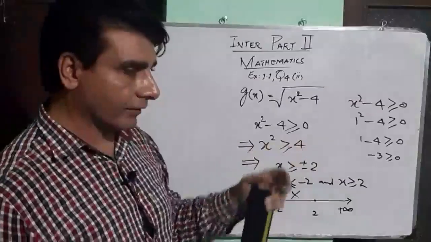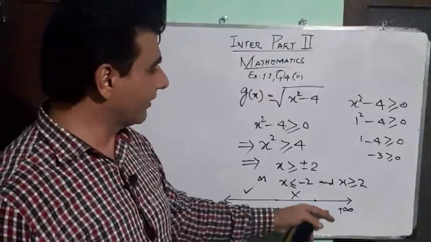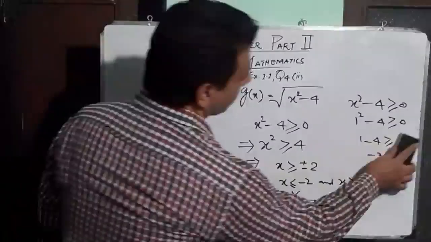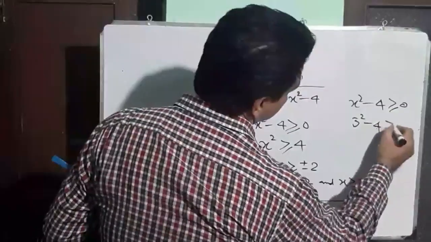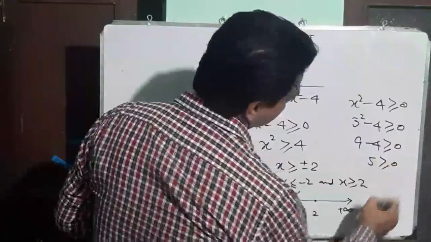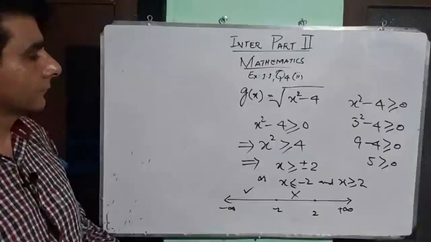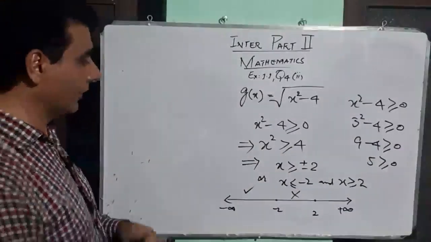Here we have a number of values. We will check, suppose 3. So 5 is again a positive number, so we'll include this interval.